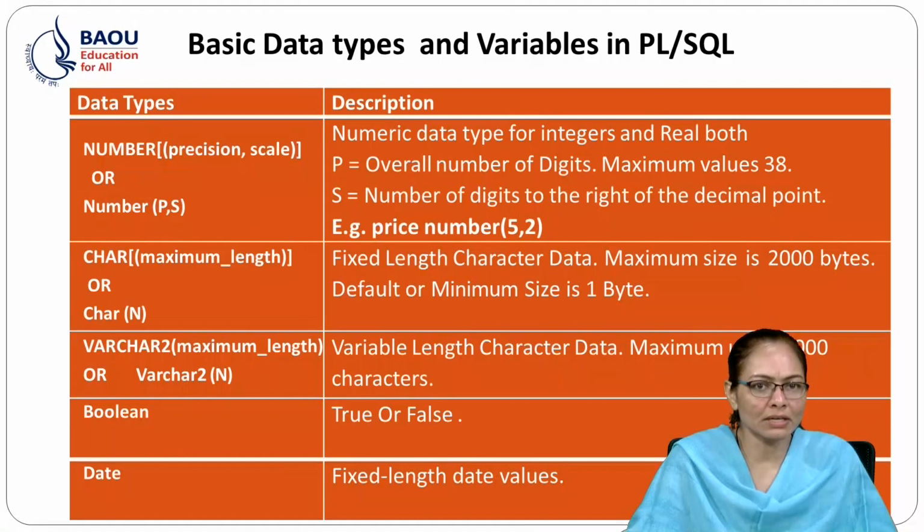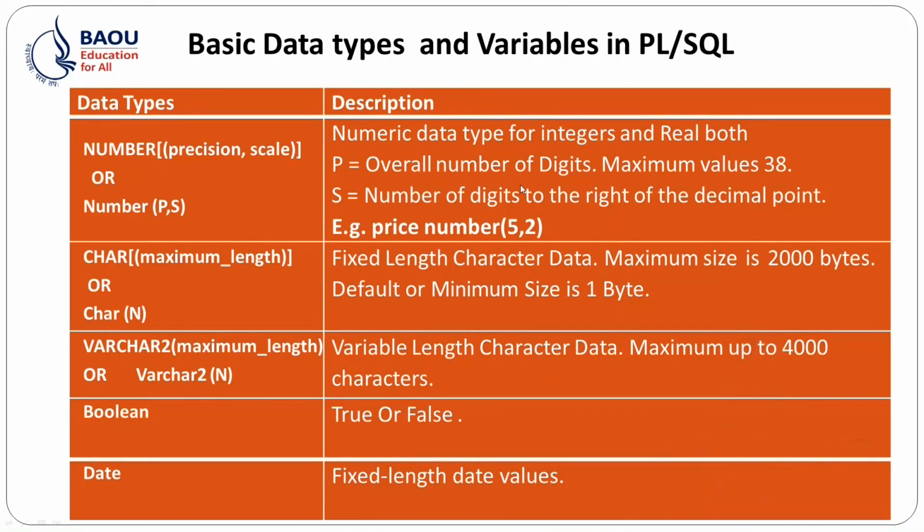It can be of virtually any size. We can specify the precision, which is the total number of digits, and scale, which determines where the rounding occurs. P means the overall number of digits, with a maximum value of 38, and scale means the number of digits to the right of the decimal point.